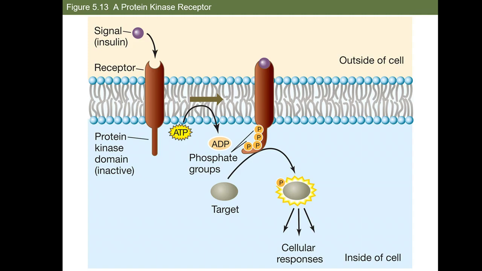So when it's activated, it has an extra phosphate group added to it. This can now activate a target molecule into an energized version. So the more phosphate groups that you can detach, the more energized you are. So it has a phosphate added to it. It is now energized. So it can then go cause cellular responses inside of the cell.